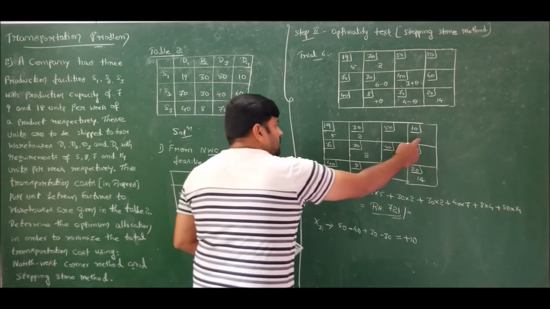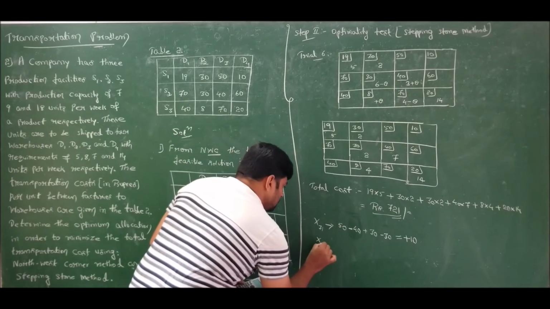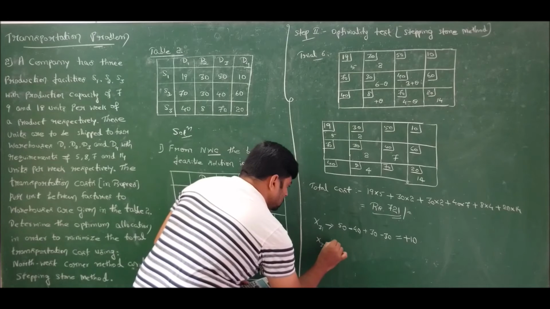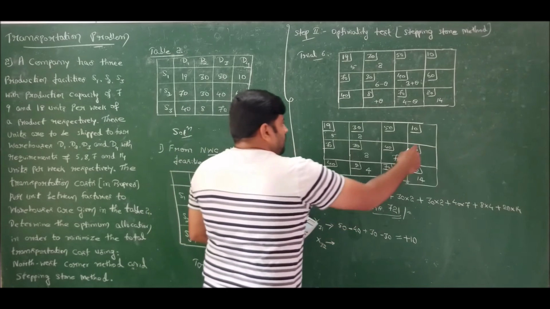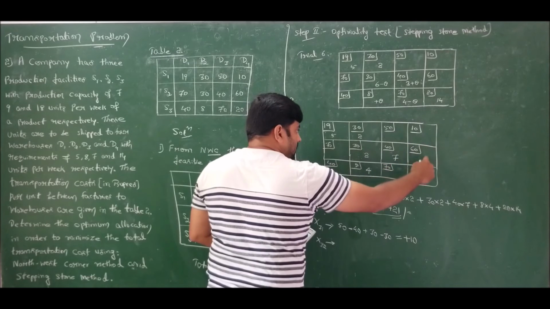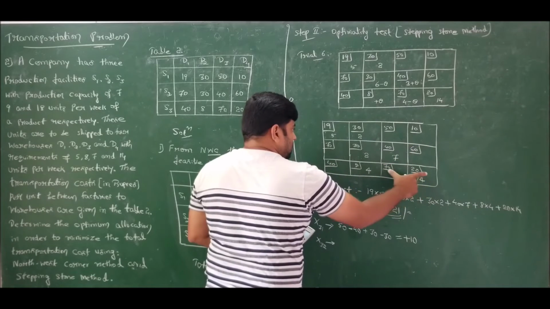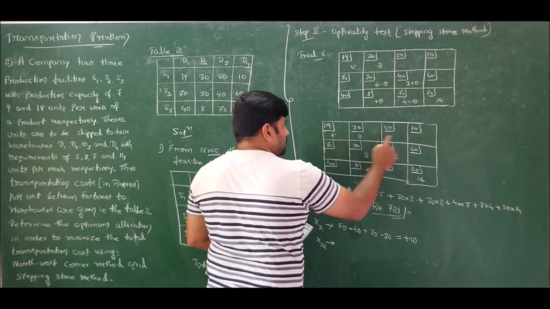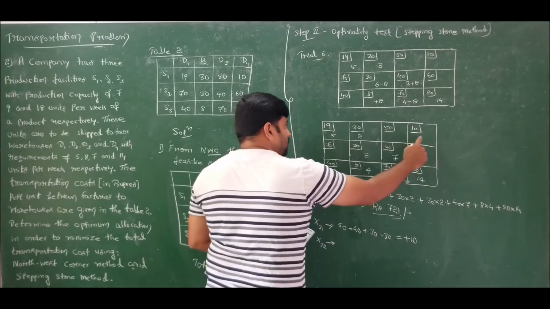Now if I check for this one again, I will get x32 as, here I have plus, right? So from here I should create a loop. I will come directly here, and then here, and then here, and then here. Clear? So this will be my loop.